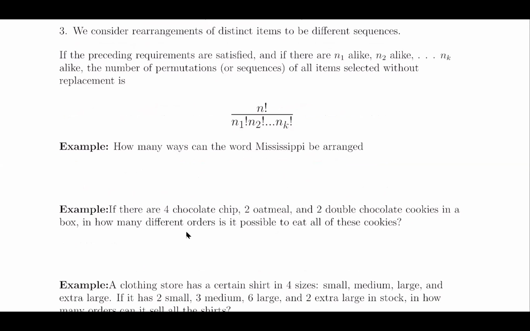How many ways can the word Mississippi be arranged? For this one, are all the letters different? No, we have letters that are repeating, correct? Yes. So that's why for this one, you want to use this next formula, because you have objects that are repeating.